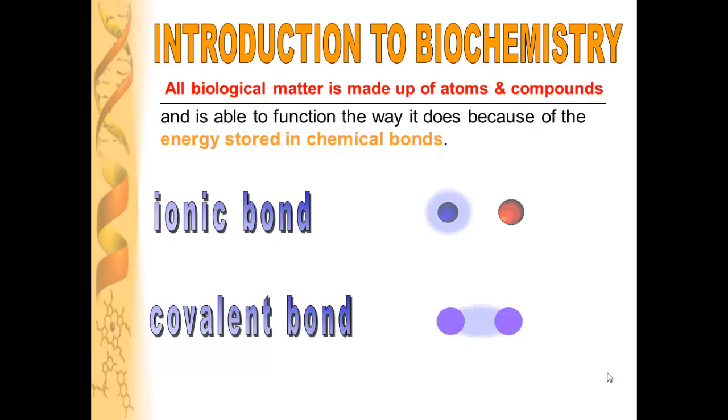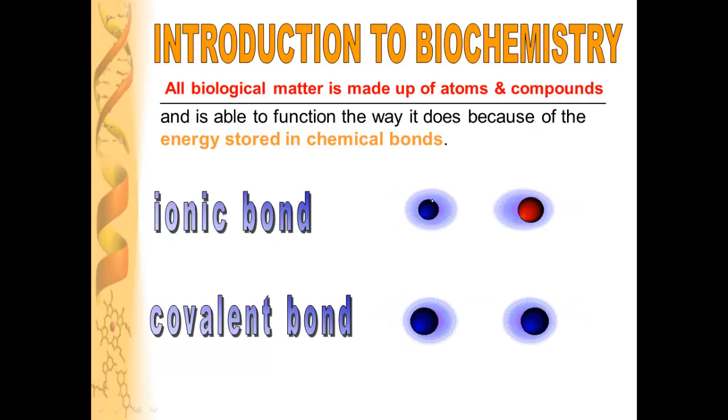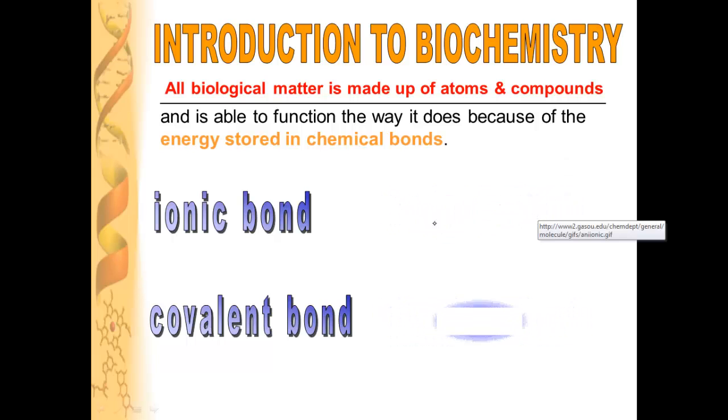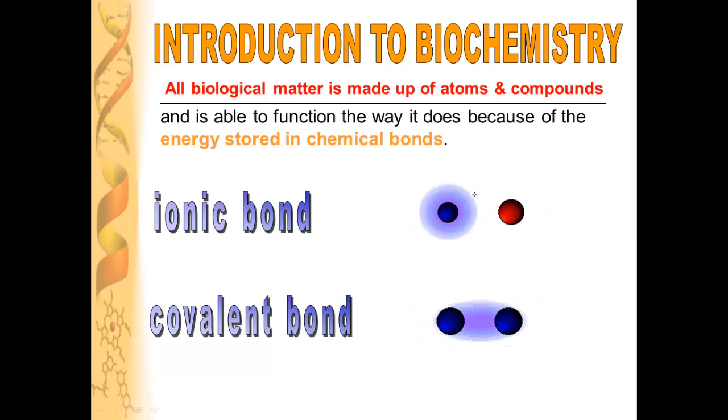We'll start by talking about the ionic bond. You'll see here that the red atom represents a metal, and the blue atom represents a nonmetal. When a metal gives 1, 2, 3 electrons away to the nonmetal, they form what's called an ionic bond.